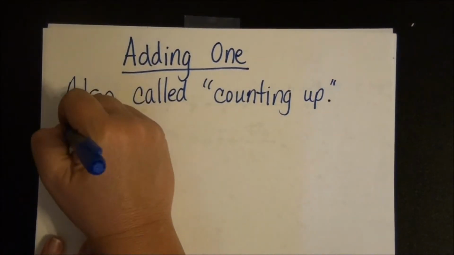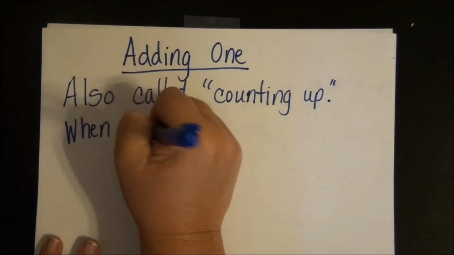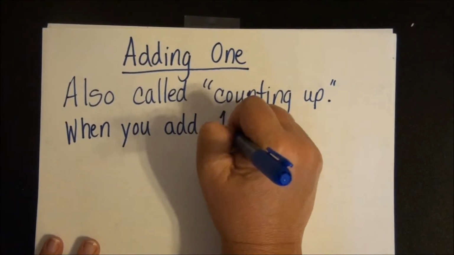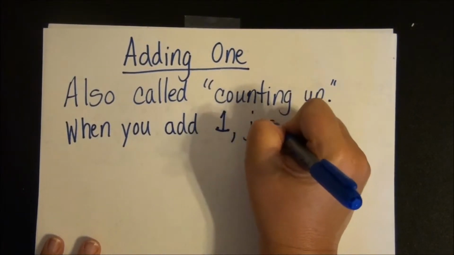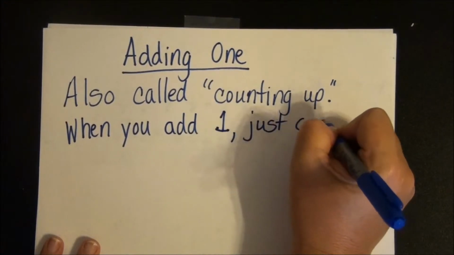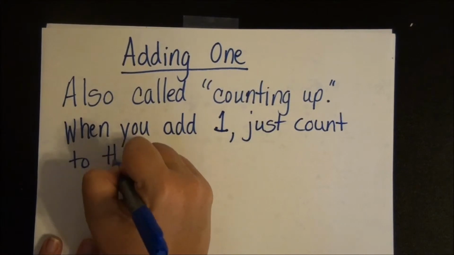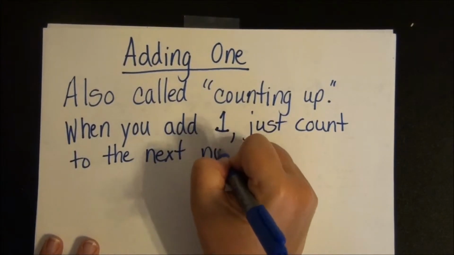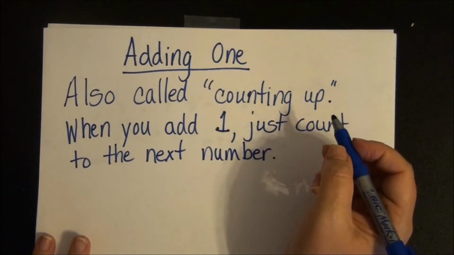When you add 1, just count to the next number. So you might want to think of a number line in this case.